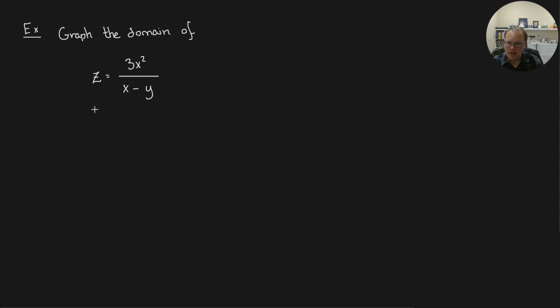Second, notice that this isn't an f of x, y, this is a z, all right? Just like sometimes we will have y as a function of x and we write y instead of f of x, right? I could write y equals 2x squared plus 3x, or I could write f of x equals 2x squared plus 3x. Same thing here. Instead of f of x, y, I have z.